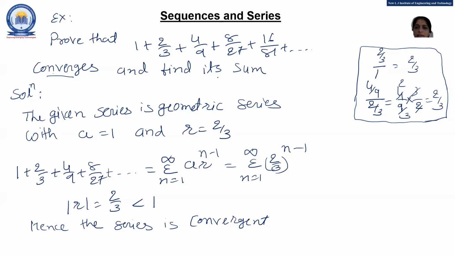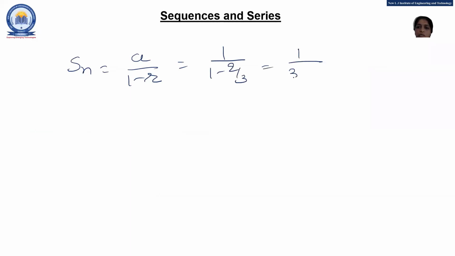Okay, now we have proved that the given series converges, and yes, it is done. We want to find its sum, and as the given series is convergent, S is a upon 1 minus r. So a is 1, 1 minus 2 by 3. So this is 1 upon (3 minus 2) whole by 3, which we will put in the numerator.